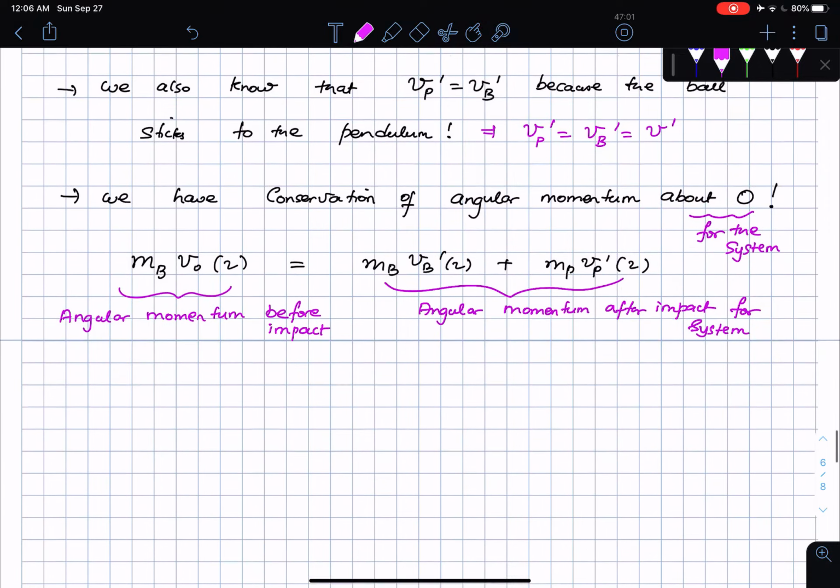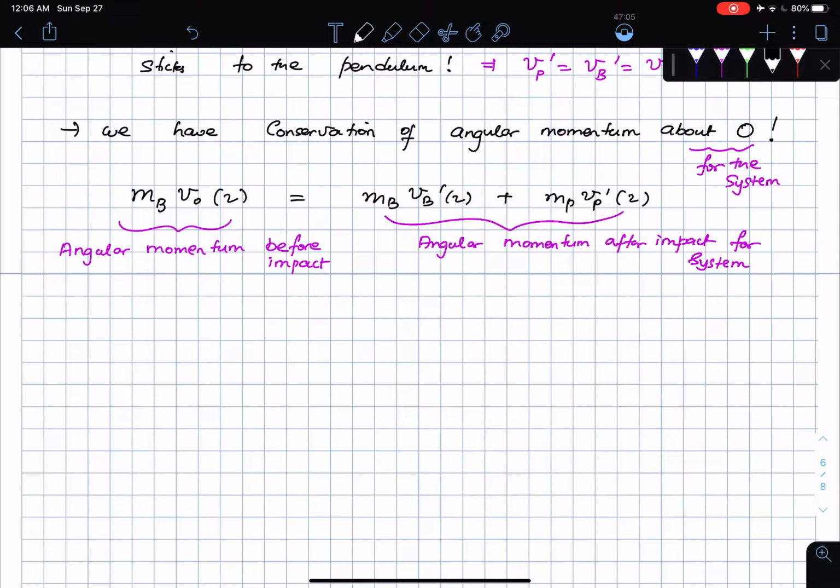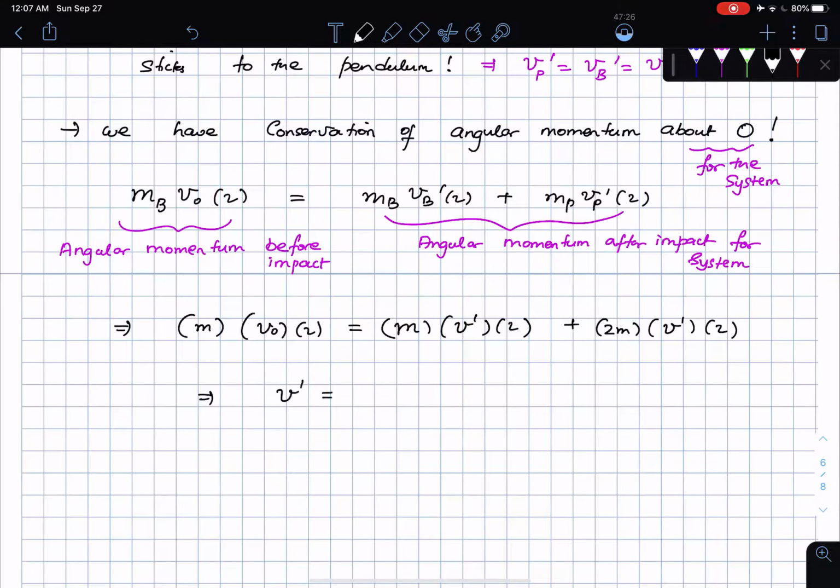Okay, so once I have this, here is what I can say. Mb is known to me, so the mass M V0 times the distance of 2 is going to be Mb once again, so M times V prime times 2. Since Vb prime and Vp prime are the same, this is going to be 2M times V prime times 2, which means that V prime is essentially going to be V0 by 3.